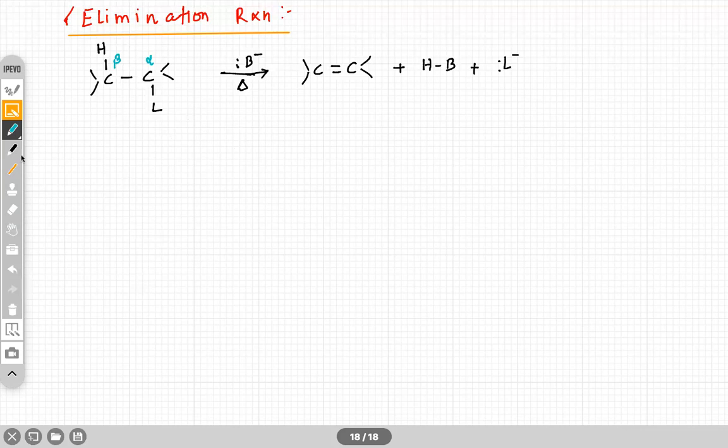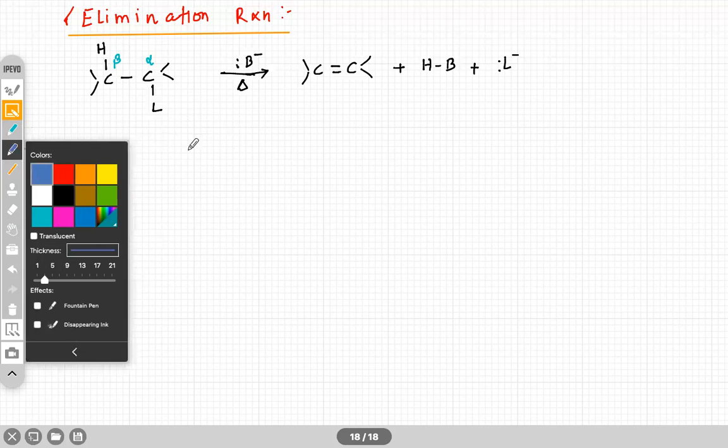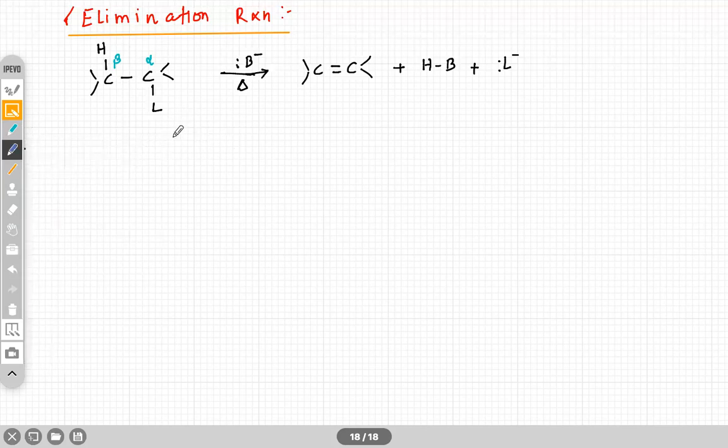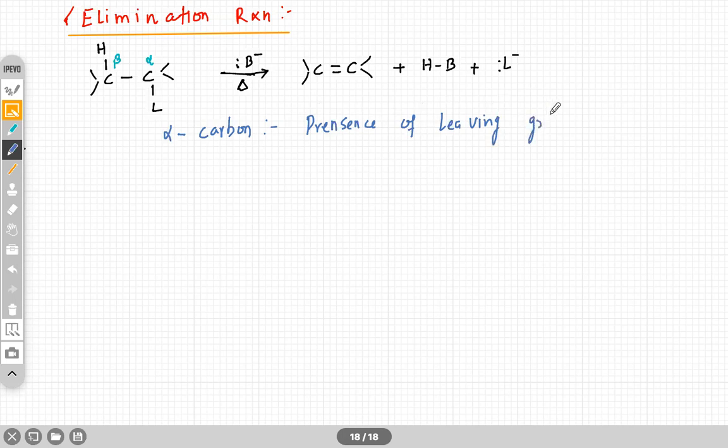So the condition for this reaction is: presence of a leaving group at the alpha carbon, and at the beta carbon at least one hydrogen involved.